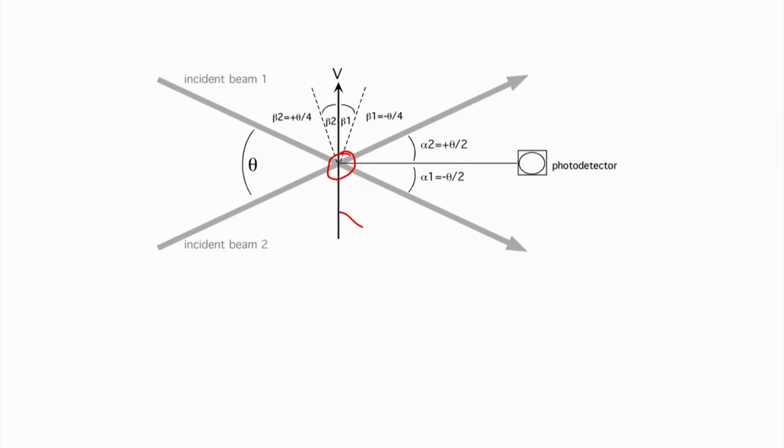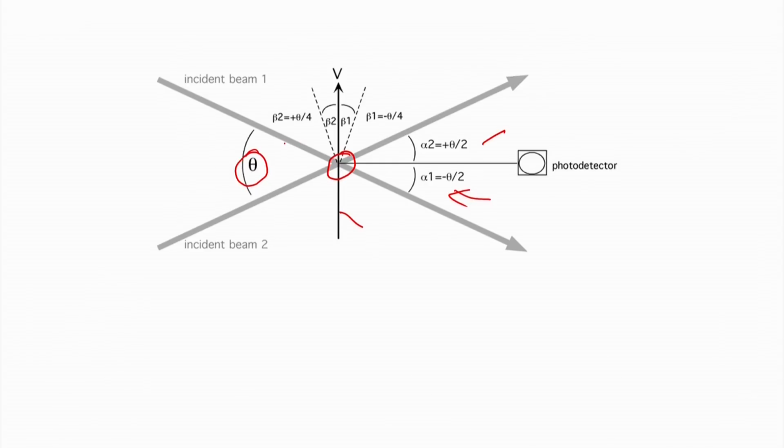So, you will form an angle from the incident beam to the photodetector, say alpha 2, and one angle is alpha 1. If theta is the incident angle, then alpha 1 will be equal to minus theta by 2, because this is below the 0 line. Alpha 2 will be equal to plus theta by 2, because it is above the 0 line.